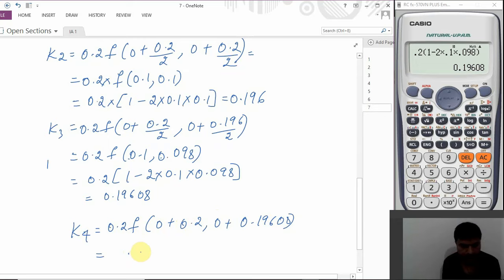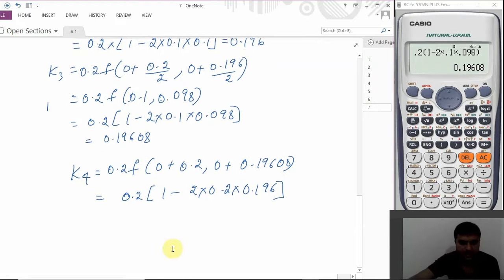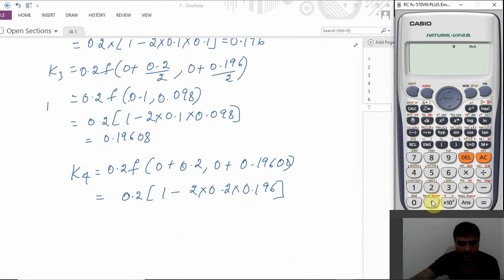Put everything in the calculator, friends. So this is 1 divided by 6 in the bracket 0.2 plus 2 into 0.196 plus 2 into 0.19608 plus 0.18432. That's the answer, students.